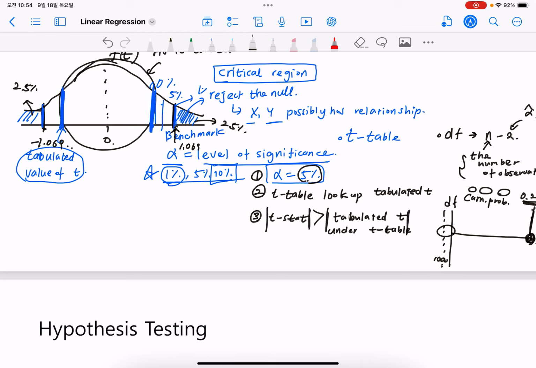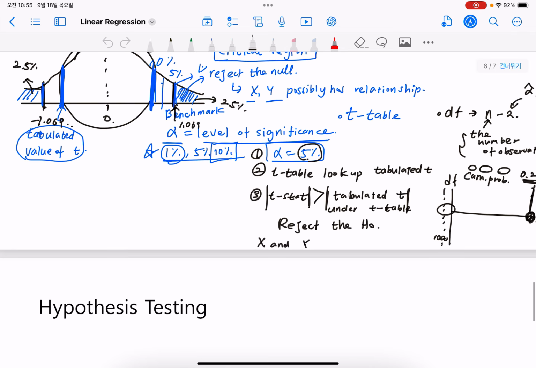So when the absolute t-stat is greater than the tabulated t under the t table, then we can reject the null, right? And we can say that x and y have a statistically significant relationship.